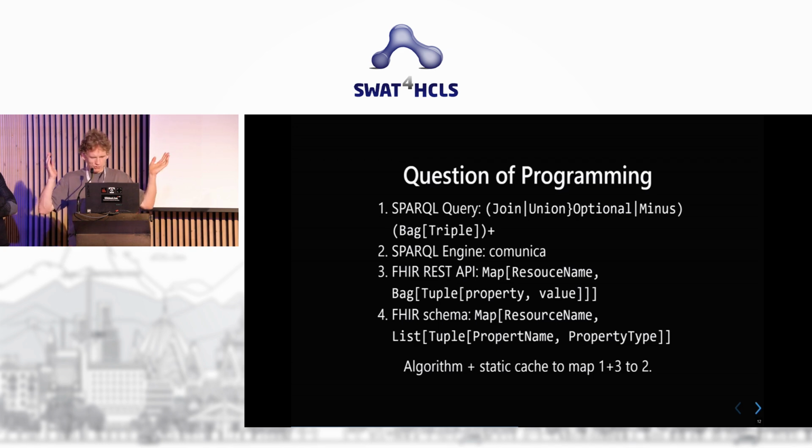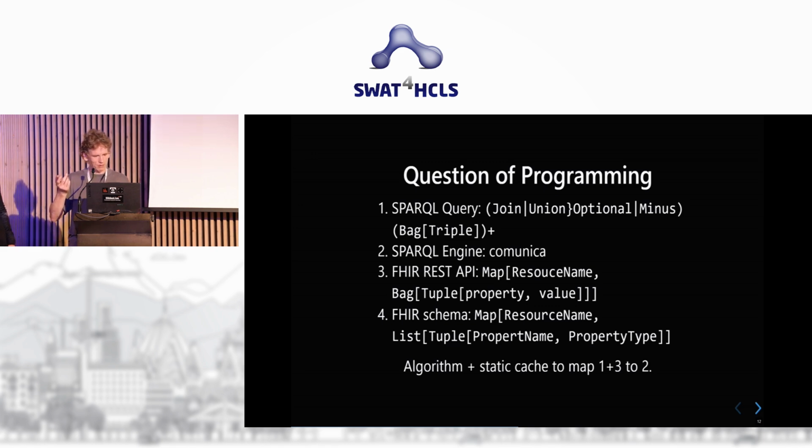So now it becomes just a question of programming. Honestly, it always was, because the definition of the right answer already came from the existence of the spec for FHIR RDF. We just need to write the tools to make it happen. So let's see, the SPARQL engine we used was Comunica, which has some challenges I'll describe to you in a bit because it's meant for distributed use and it wasn't really meant for this particular use case.